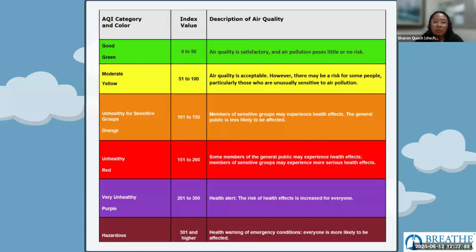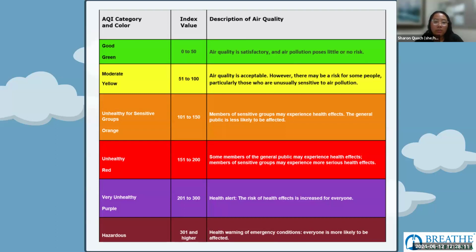And here's a chart that's more specific. Green means that the air is good and it's clean and safe to go outside. Air pollution poses little or no risk. Yellow means that it's moderate, meaning the air quality is okay, but it's not perfect. There's risk for some people, but it's particularly for those who are unusually sensitive to air pollution.